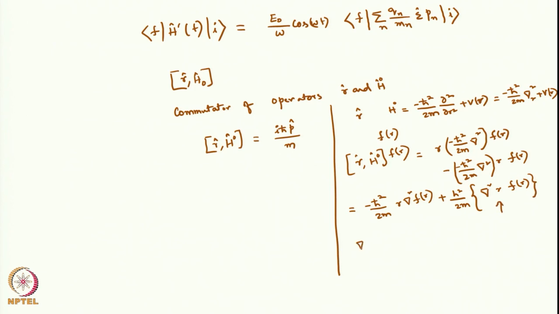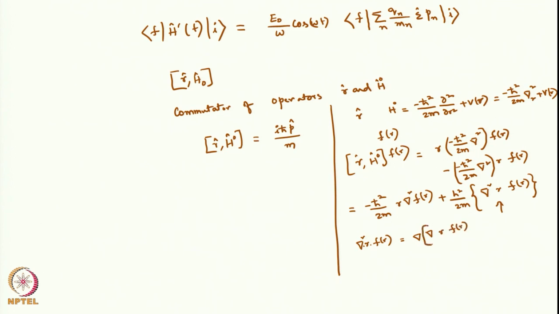So, del square R f of R, but del square is nothing but del of del R f of R.